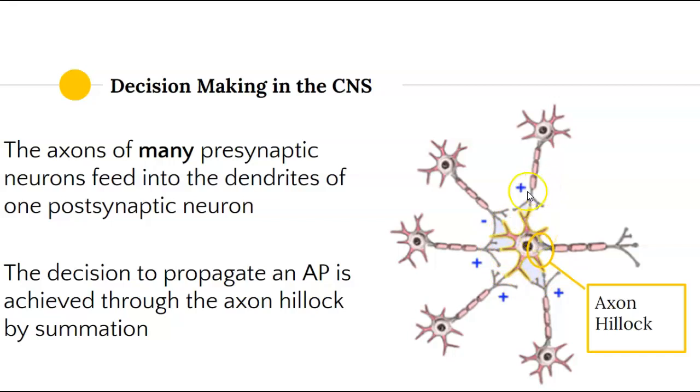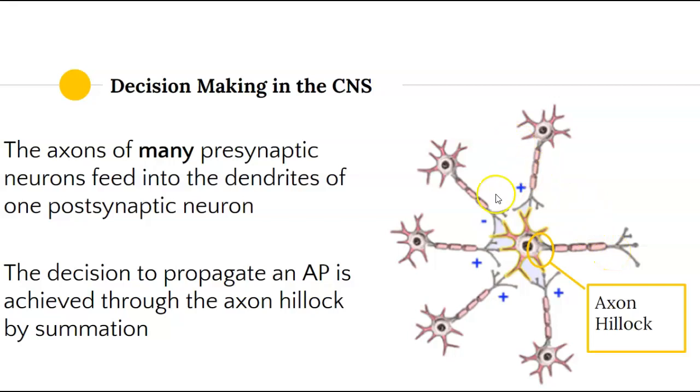Okay, so if you look at this picture, you have 4 out of 5 of them positive and 1 negative. That means that 4 out of 5 of these neurons are sending excitatory neurotransmitters and 1 is sending an inhibitory neurotransmitter. However, it doesn't really matter because the decision to send the next action potential is achieved by summation.